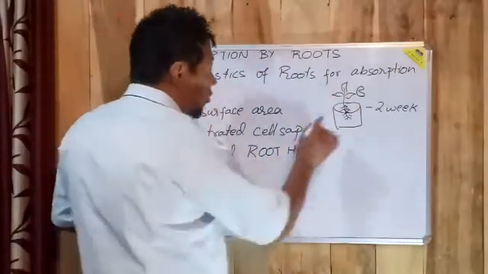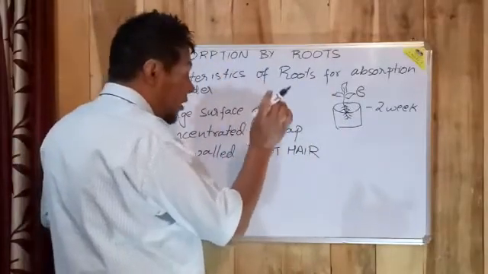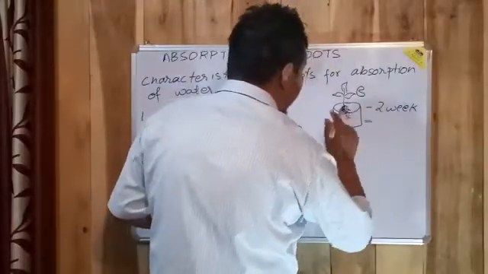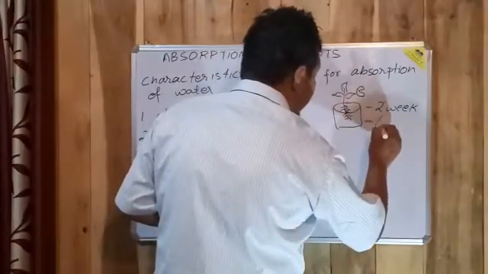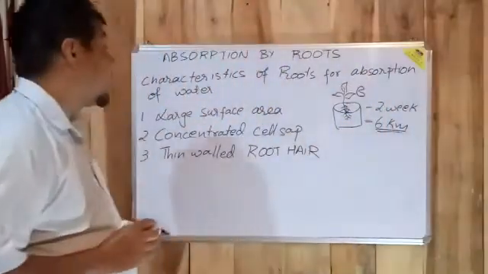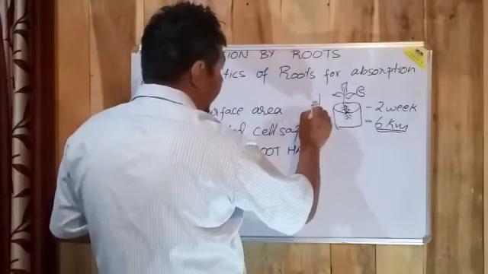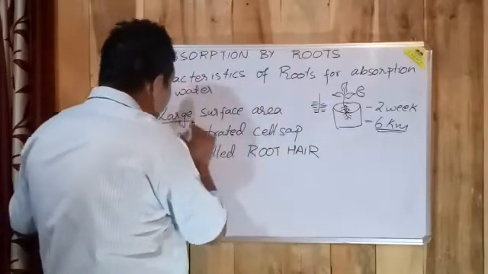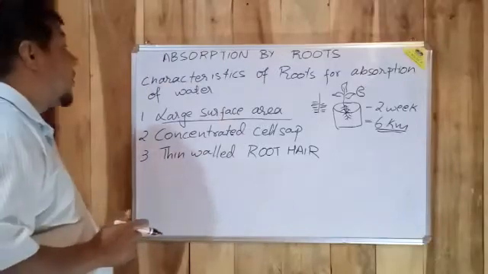And to your surprise, the length of the entire root came to about 6 kilometers in just a matter of 2 weeks. Which means one small sapling has an immense amount of roots, which creates a large surface area for the absorption of water and minerals from the soil.